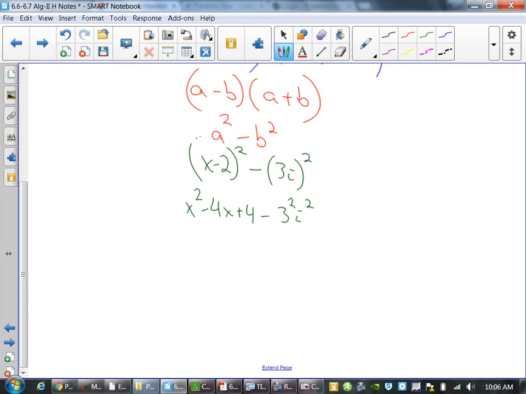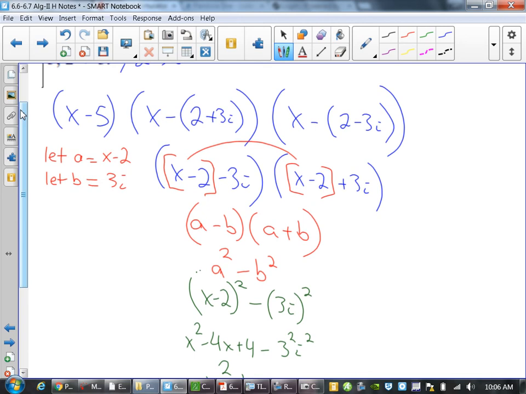What's 3 squared? So this becomes x squared minus 4x plus 4 plus 9. I know. That was too bad. It just looks weird. It's this step right here, distributing out the negatives, that most people get tied up on. But once you get past the idea of distributing out the negative to rewriting it as a difference of squares, that's how it's going to work.